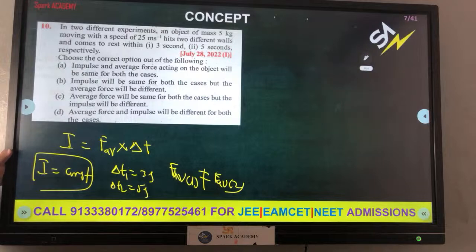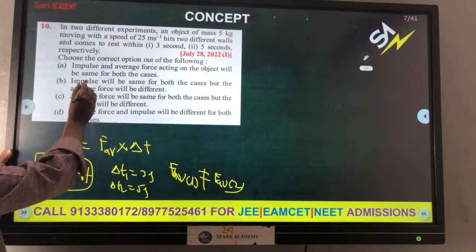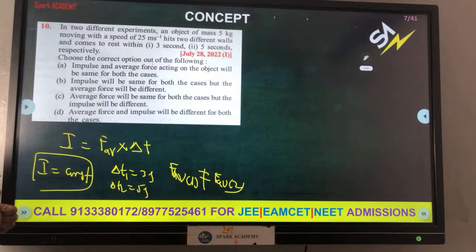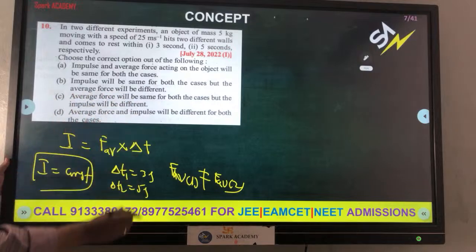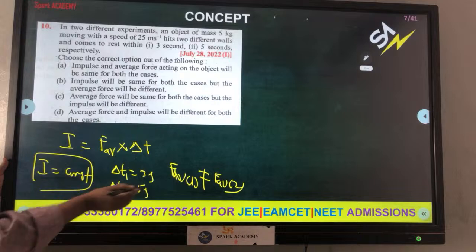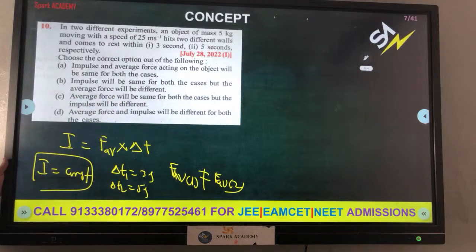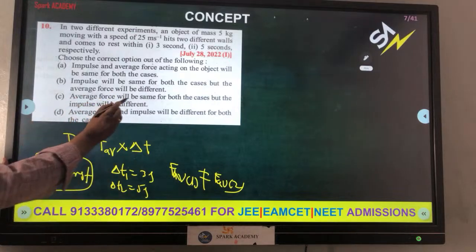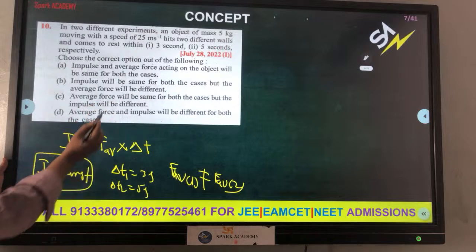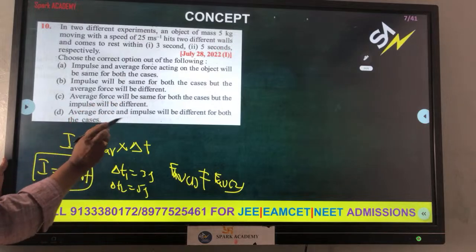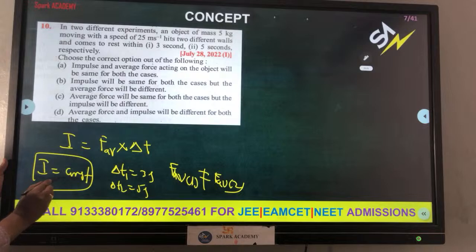B. Impulse will be the same for both the cases, but the average force will be different. This is the correct answer. Impulse will be the same, constant; average force will be different. C. The average force will be the same for both cases, but impulse will be different. That is not correct, you can take it out.